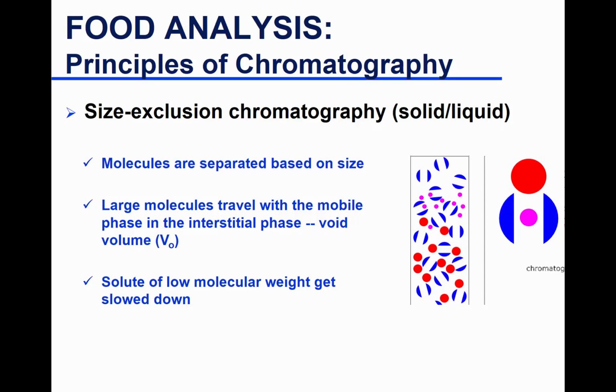They will not be delayed by going through the pores of your stationary phase particles. The largest particles that cannot fit in any of the pores travel with your mobile phase, and we call that traveling with the void volume. That means the volume of the mobile phase that constitutes the outside of the particles.